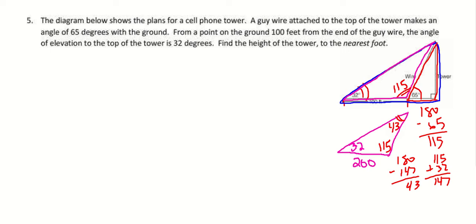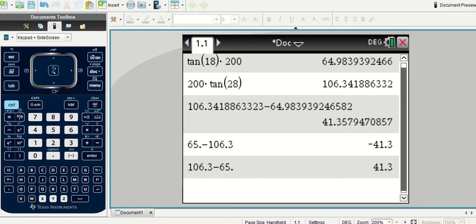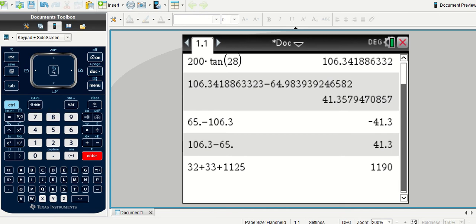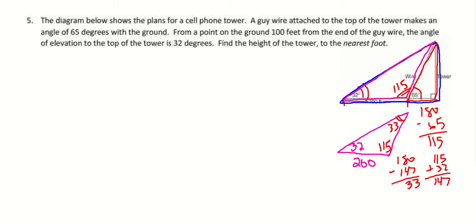Nope, that's too big. That's 33. So 33, and just double checking, right? 32 plus 33 plus 115. There you go, 180. So we're good.